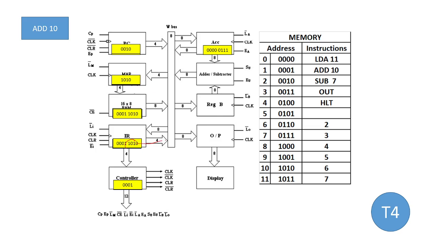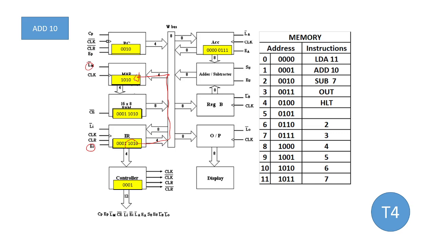This one will go to the W bus and it will be accepted here on our MAR, and the active pins here are the EI and the LM, so it will be accepted here in our MAR.